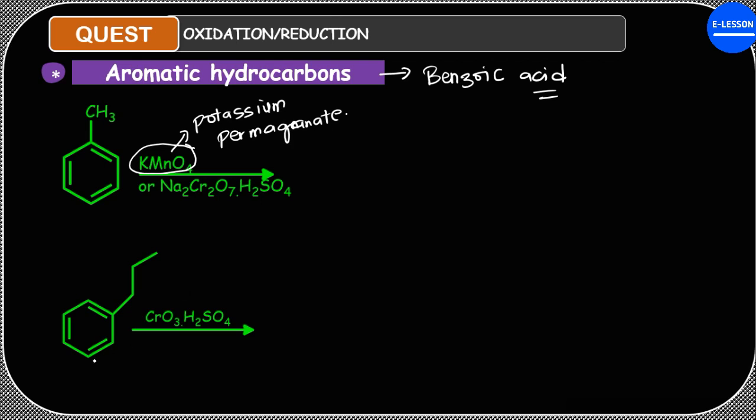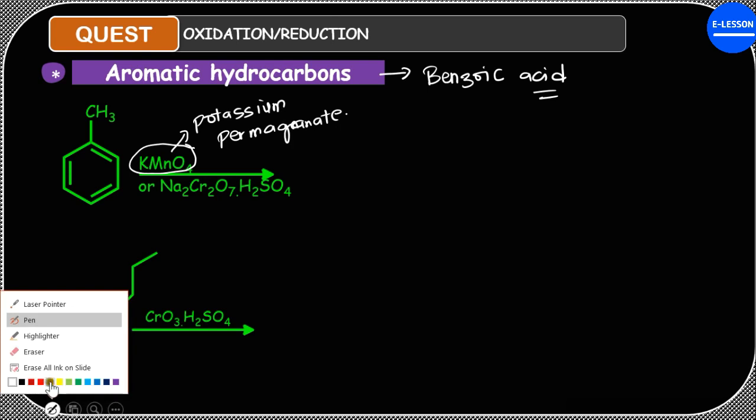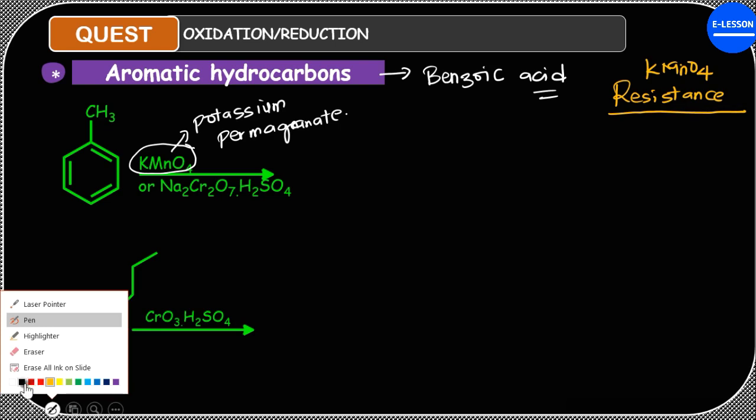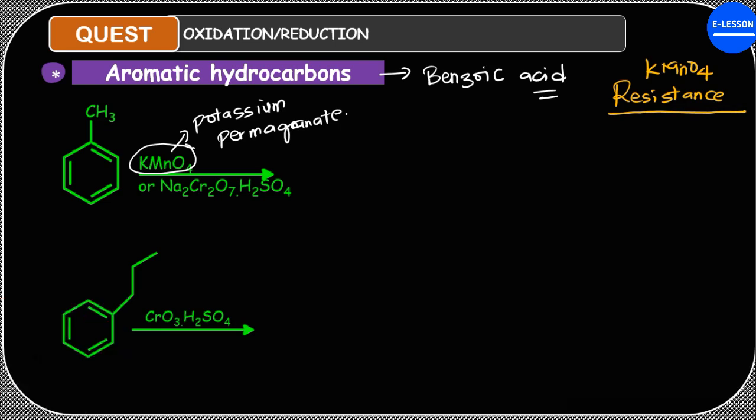Now, another thing that you also need to know is there are some functional groups that are resistant to oxidation with KMnO4. So we can say KMnO4 resistant functional groups. What are those functional groups? If KMnO4 is present and these functional groups are attached to an aromatic hydrocarbon, it wouldn't oxidize them.